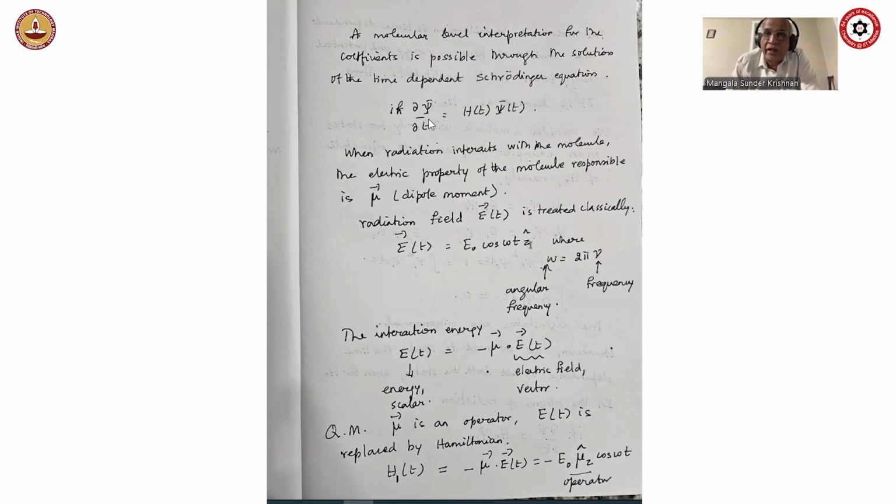This is the direction of the oscillation. The magnetic field will oscillate perpendicular to that, and this is the propagation. The electric field oscillation is given by this formula, E0 cosine omega t.